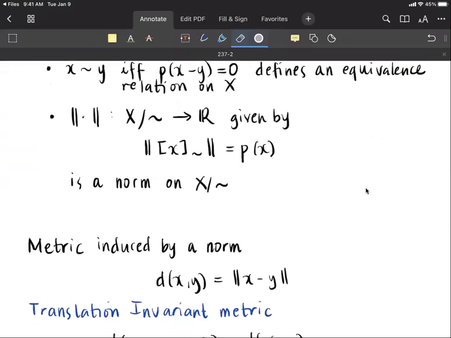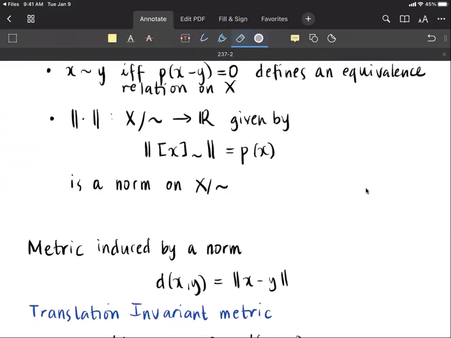In the introduction, we've mentioned that one can generate a metric from a length. And this length here is the case of the norm. So if you have a normed space or a norm, one can define a metric. And this metric is defined as the norm of the difference.